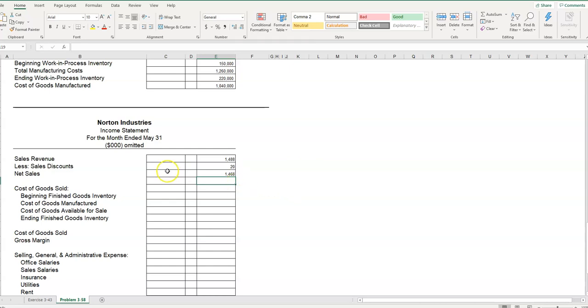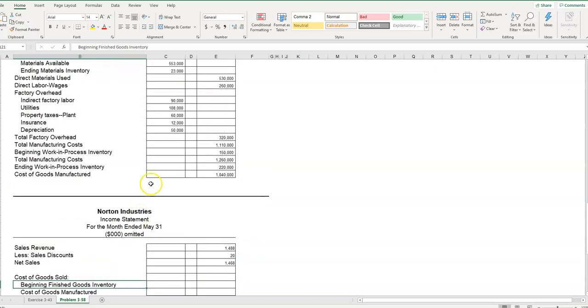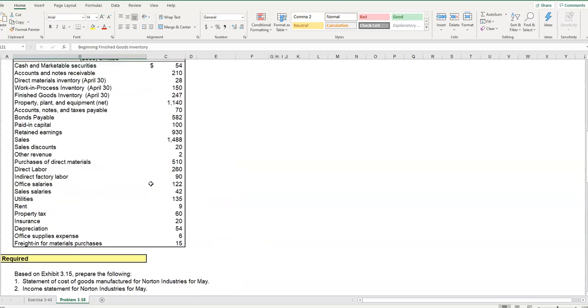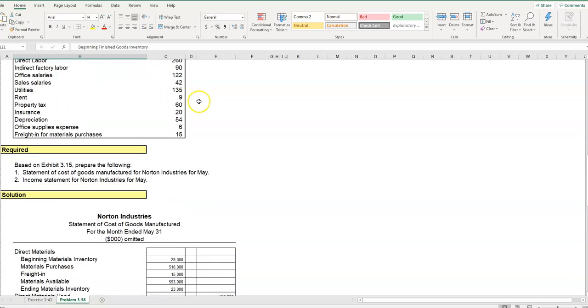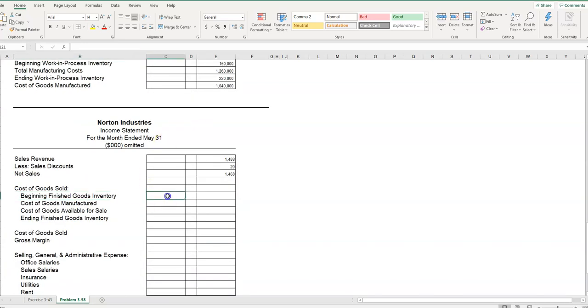The next thing that we're going to calculate is our cost of goods sold. We start with our beginning finished goods inventory. Our finished goods inventory as of April 30th is $247,000. We add the cost of goods manufactured that we calculated on our statement of goods manufactured.